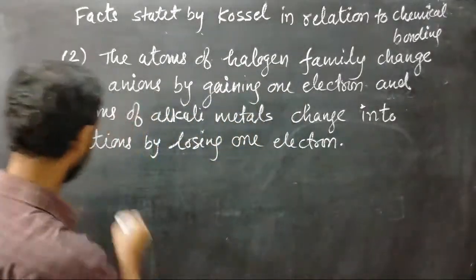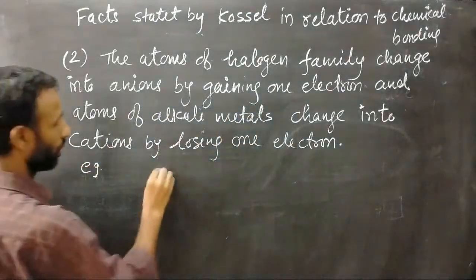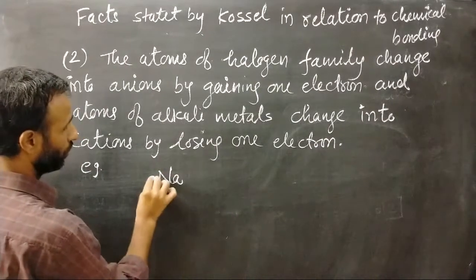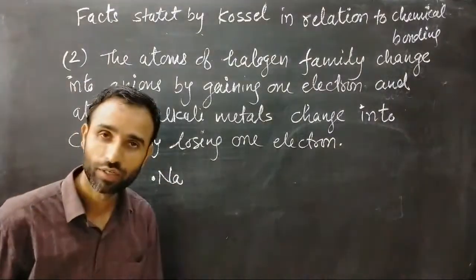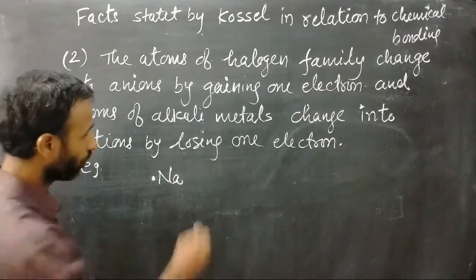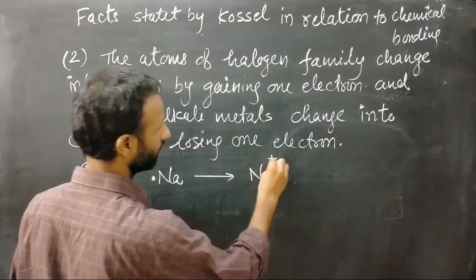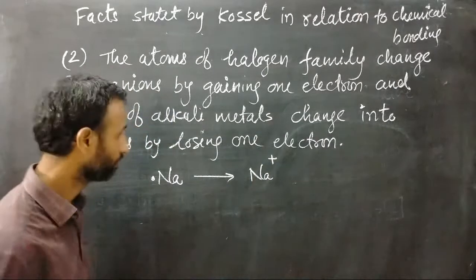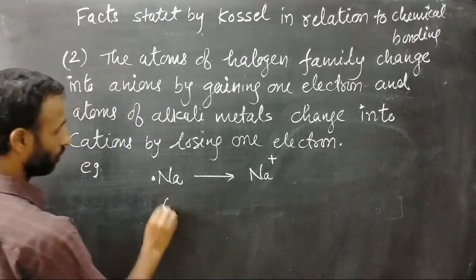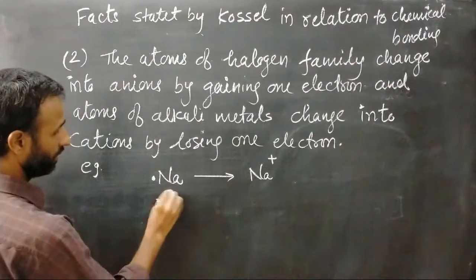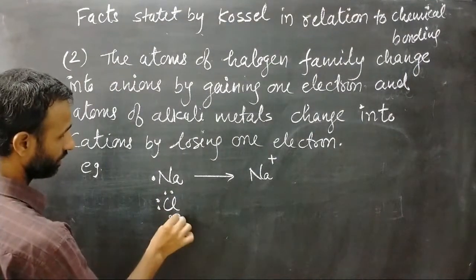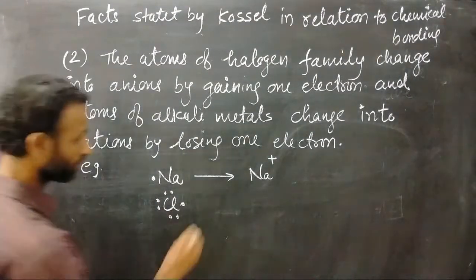For example, sodium. You know the Lewis dot structure of sodium is this. After losing one electron, it is a cation, and chlorine has 7 electrons.